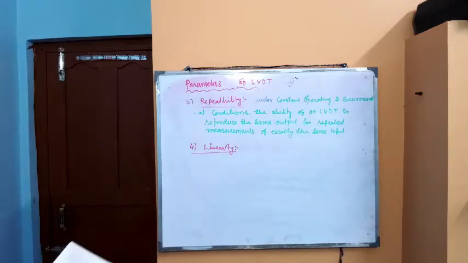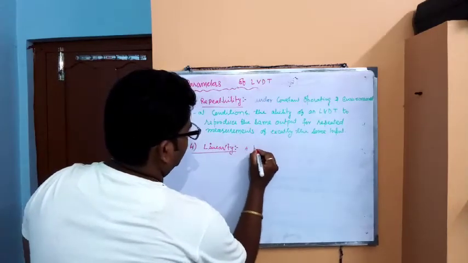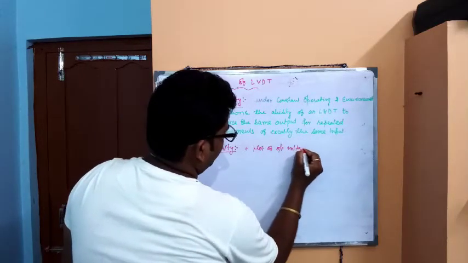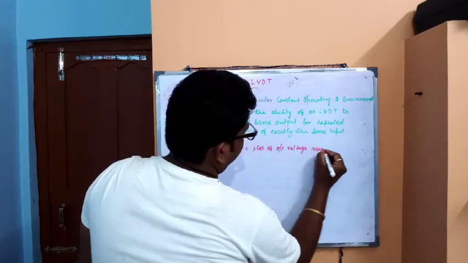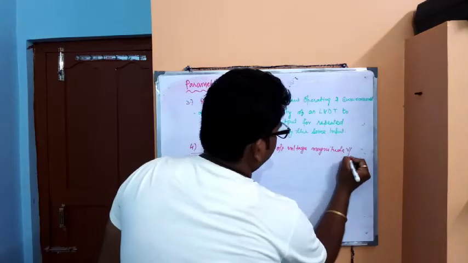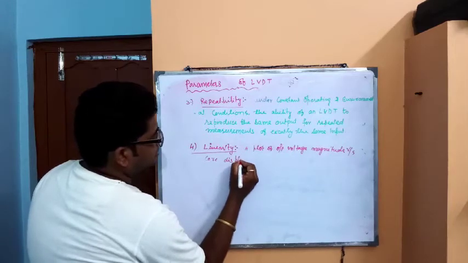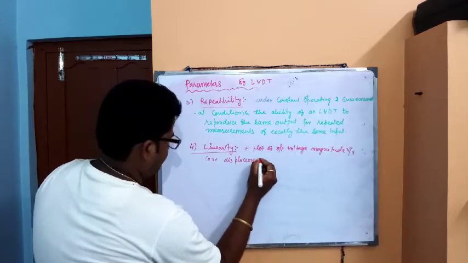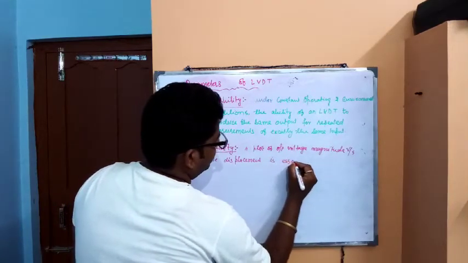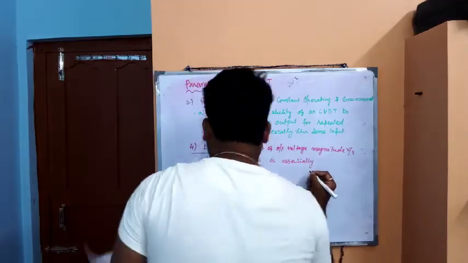So note down, a plot of output voltage magnitude versus core displacement is essentially a straight line.